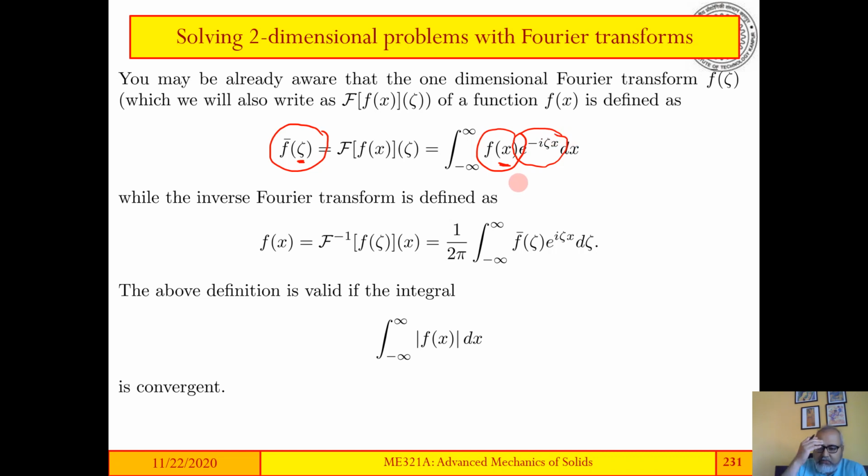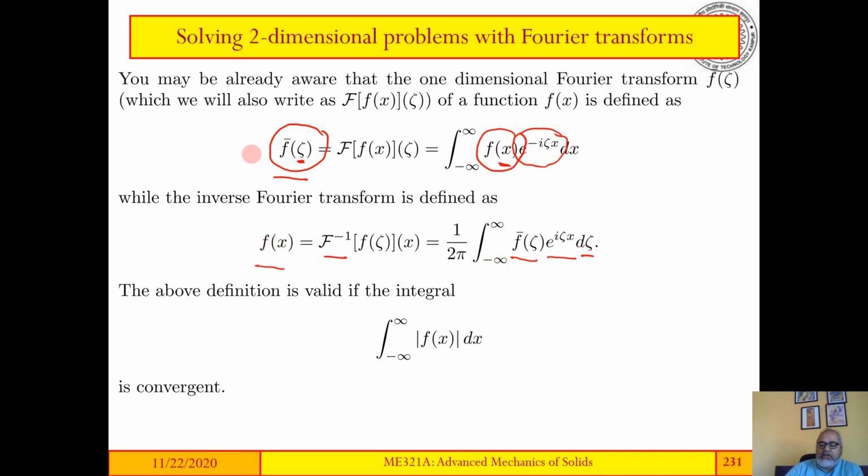Let me first explain the inverse Fourier transform. If you now have the f bar of zeta, which is the Fourier transform of f(x), then you can get f(x) back by doing an inverse Fourier transform, which we denote by F inverse, and that is defined as 1 by 2 pi, again integration from minus infinity to infinity. So this is the Fourier transform that you had. Multiply that by plus e to the power i zeta x, integrate over d zeta, and you get a function of x back.